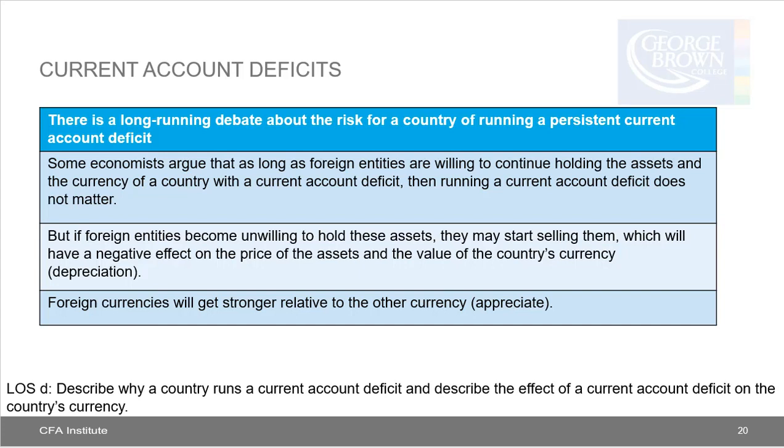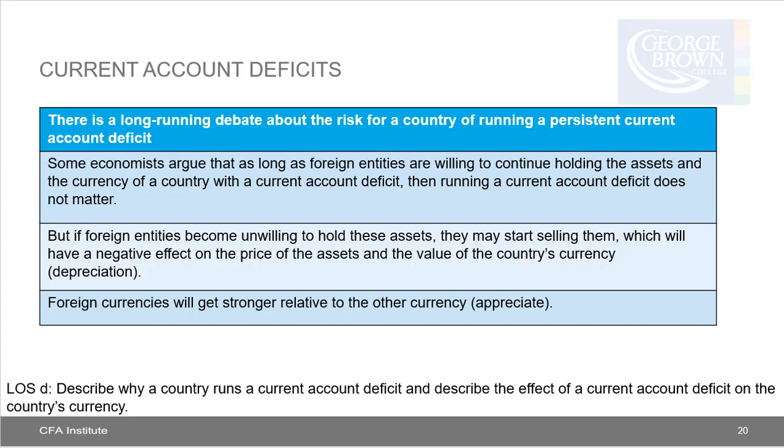Other countries hold U.S. dollars, and they can be held as bank deposits in the United States, or they can be invested. But if other countries decide that they want to reduce their exposure to the United States, they may start selling U.S. assets, which will have a negative effect on the price of these assets.